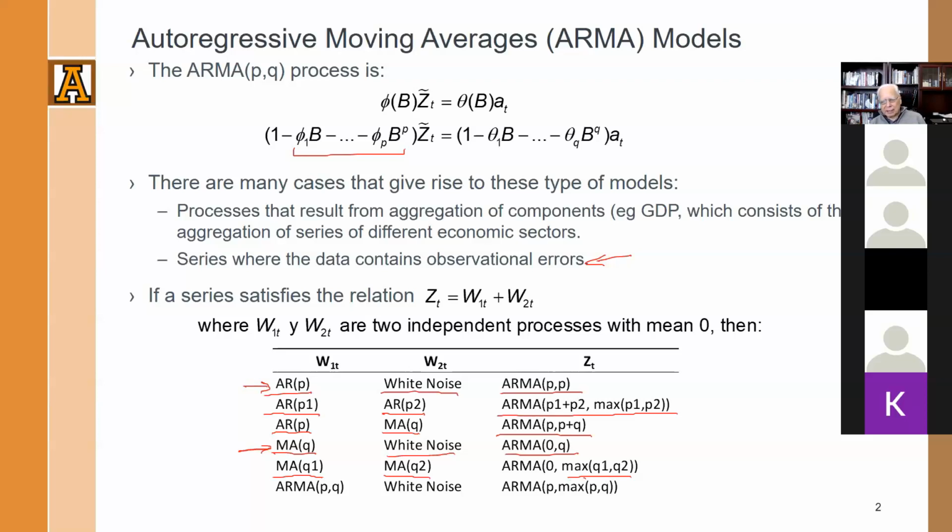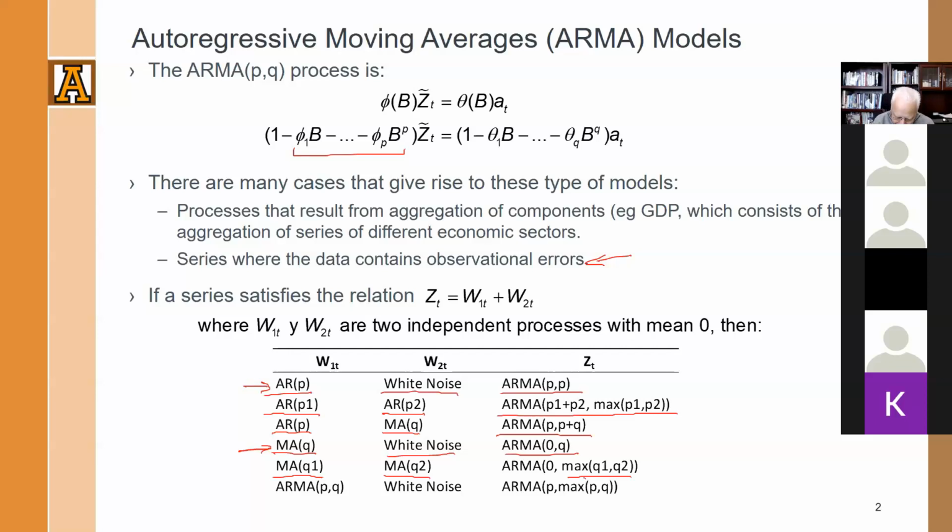So the sum of two moving average processes gives us another moving average process of order the maximum of q1, which is the order of the first moving average process, and q2, which is the order of the second one.